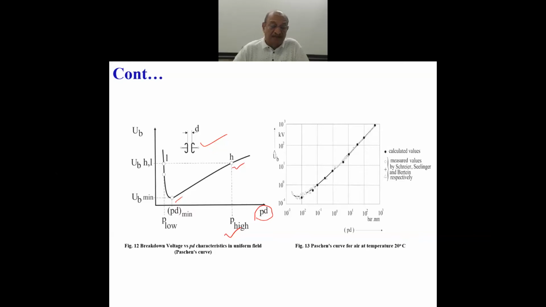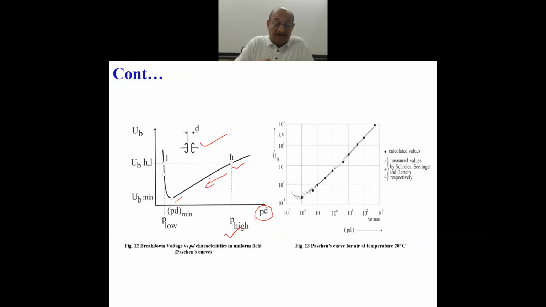One can explain this curve in this way. As you decrease the pressure here, the breakdown voltage decreases. Why? An electron makes fewer impact ionizations because the density of the gas decreases at lower pressure. The probability of an electron making impact ionization reduces because of the lower density of the gas.